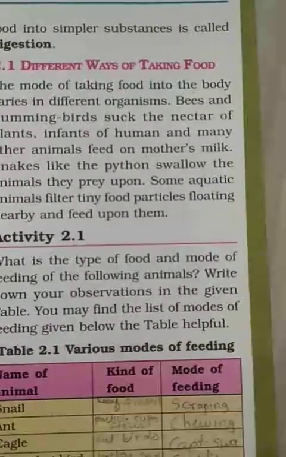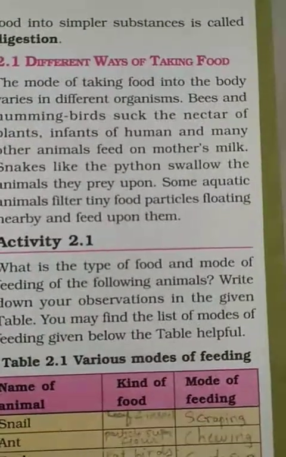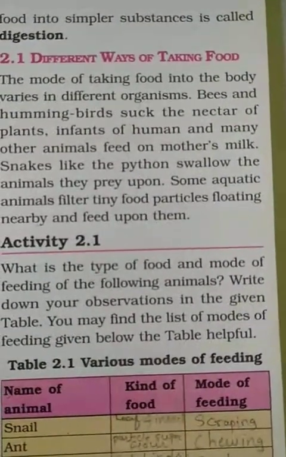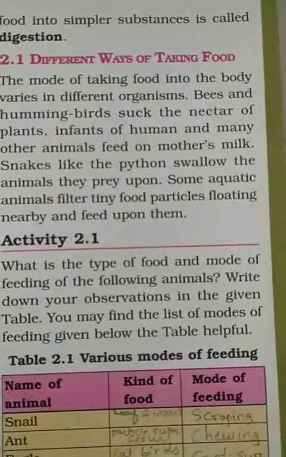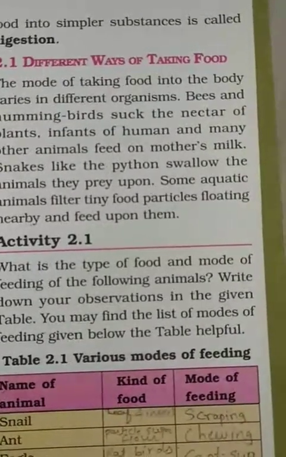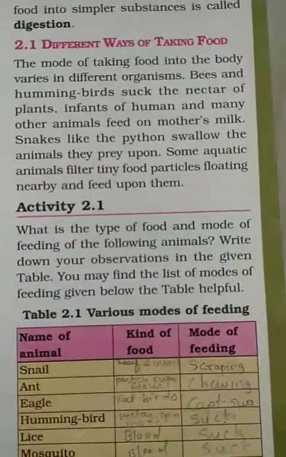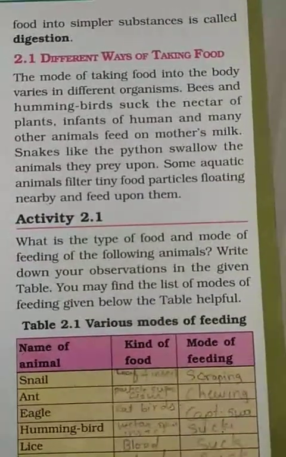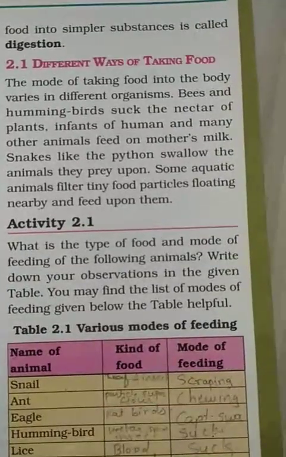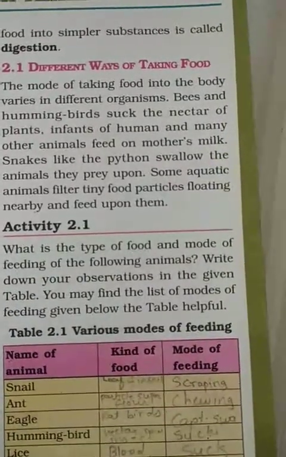We know that when we eat food, it is digested in our body by our digestive system. So what does digestion actually mean? Digestion means to break down the complex components of food into simple substances.